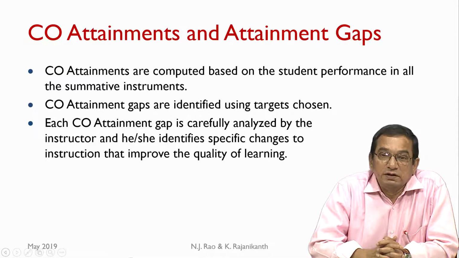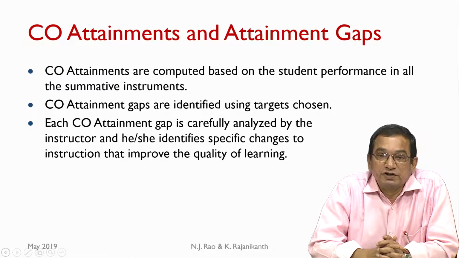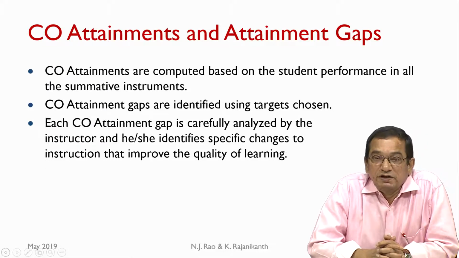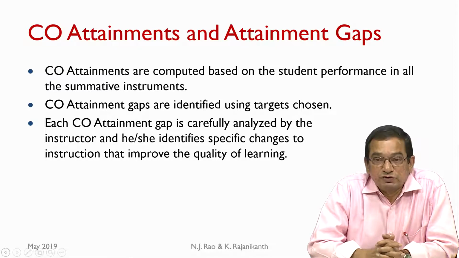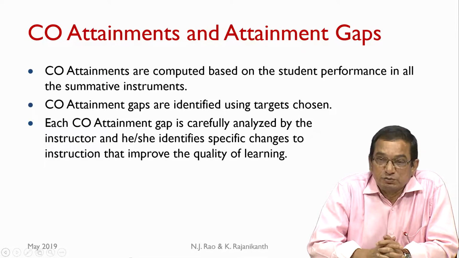Then we can combine the attainment computed from indirect means with the attainment computed using direct means, that is based on the student performance, probably in the ratio of 10:90, and that is how the total CO attainment can be computed. Of course, computing the CO attainment through course exit surveys is optional.